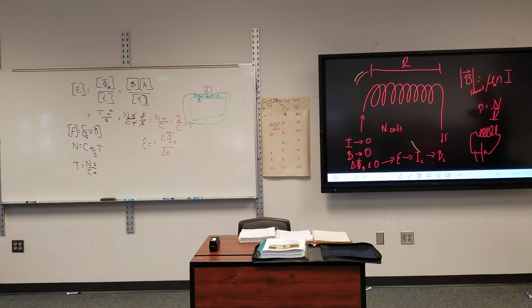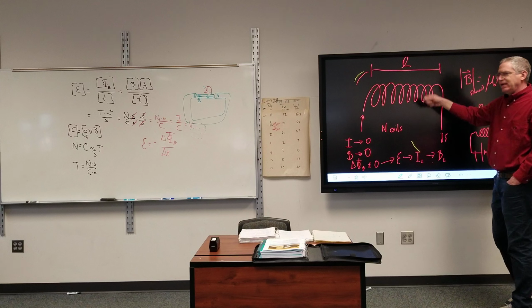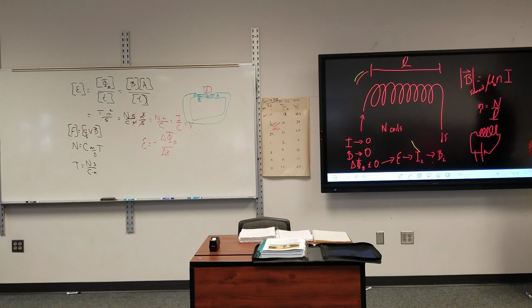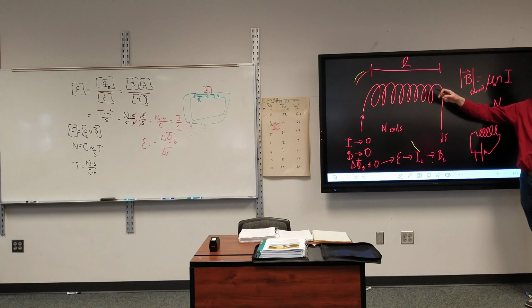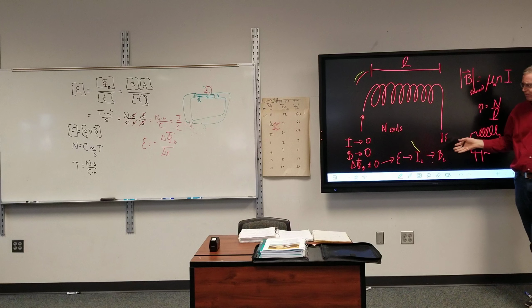I had a magnetic field inside the coils already, but when the current starts dropping off, I create a secondary magnetic field. That secondary magnetic field is going to try to prevent the initial magnetic field from collapsing. It will try to bolster it back up. In a similar fashion, when I first connected, I'm reversing the process.